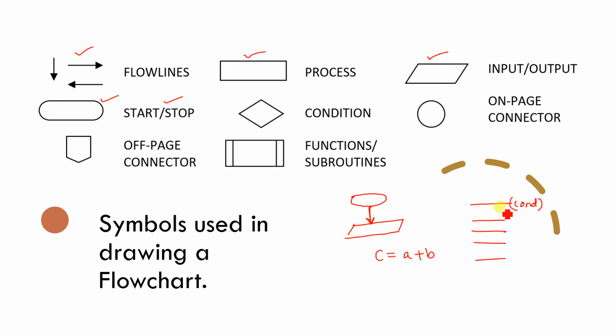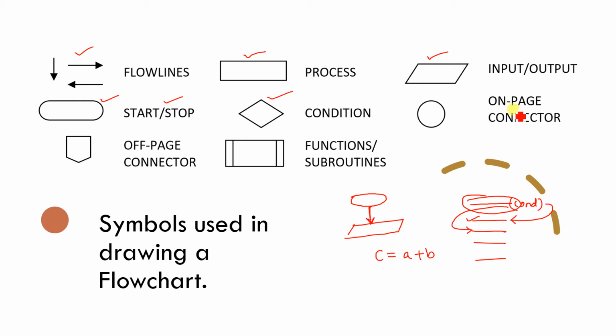If the condition becomes true, we will execute this line. If the condition becomes false, we will execute this line. So when the condition is true, this line will not execute, and when the condition becomes false, this line should not be executed. To represent this kind of condition, you should use this symbol, the rhombus.